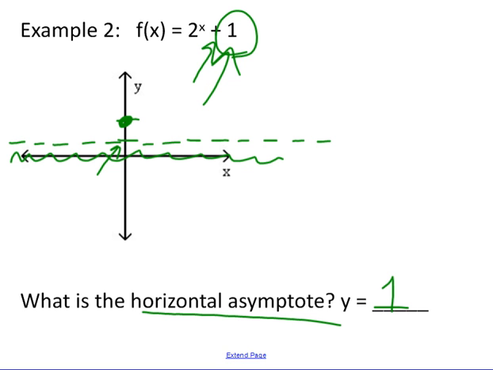And to actually draw the graph, all I'm looking for is a sketch. I don't need points other than this one right here. And remember, you get close, close, close, and it goes up really fast, but it does not cross this dotted line. It's a horizontal asymptote, y equals 1.